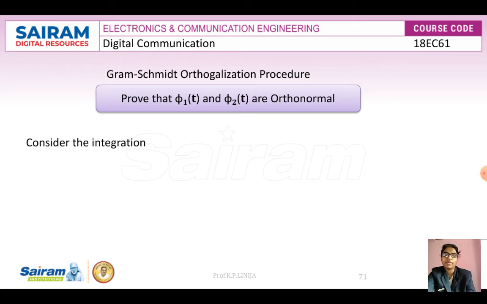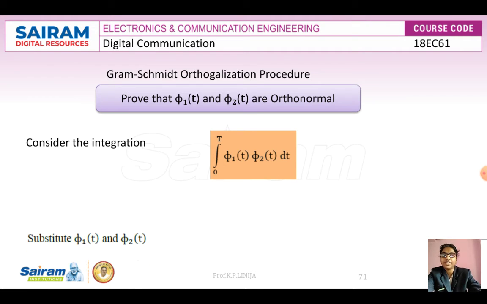are orthonormal. For that, we consider the integral from 0 to T of phi1 of t into phi2 of t dt. Now we substitute what we have already derived for phi1 of t and phi2 of t into this integration.